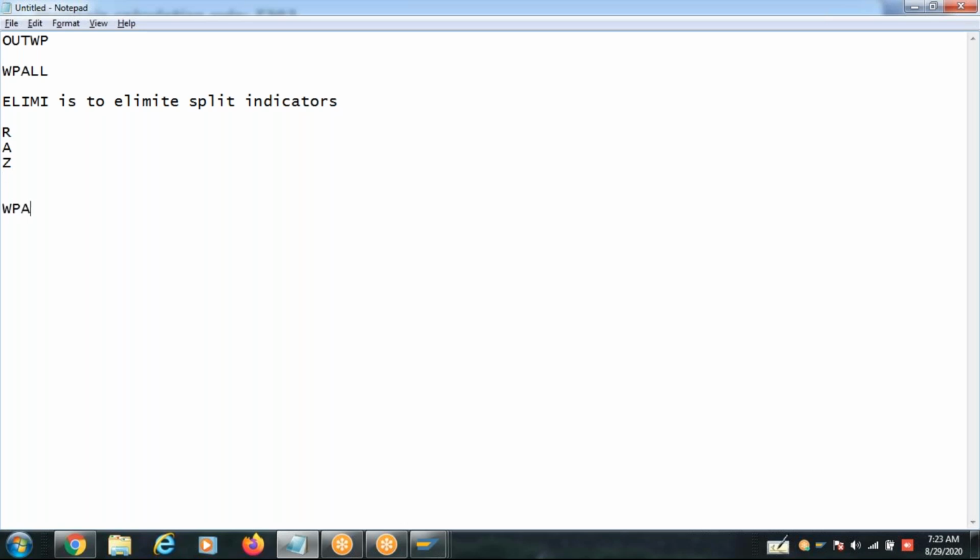When you use WPALL, at a time, these three splits you can eliminate. So here this replaces. You can use split indicator. Example, WPALL.